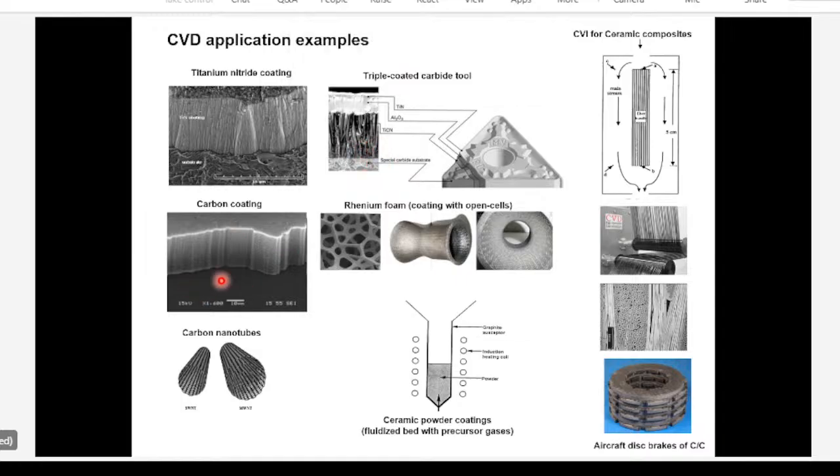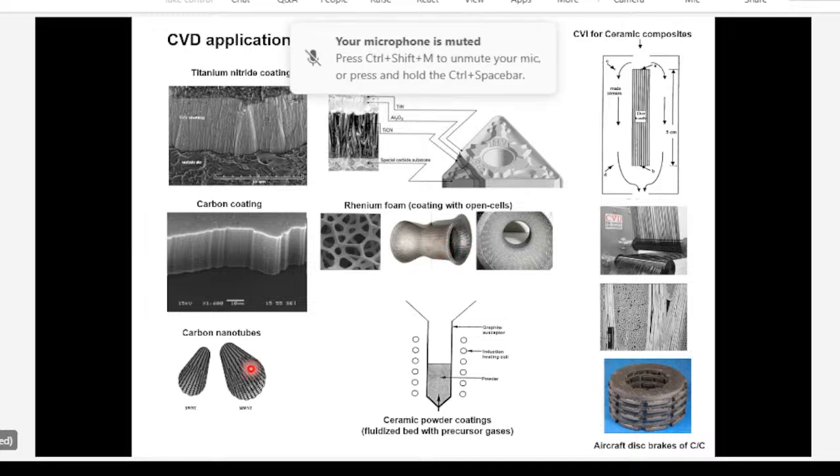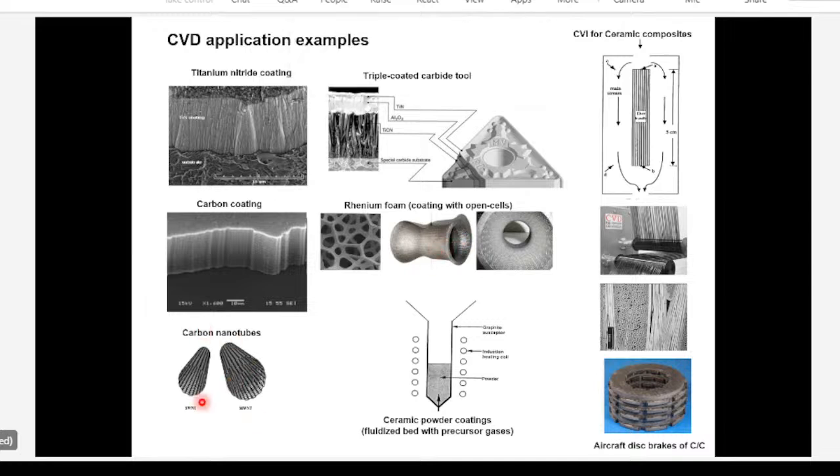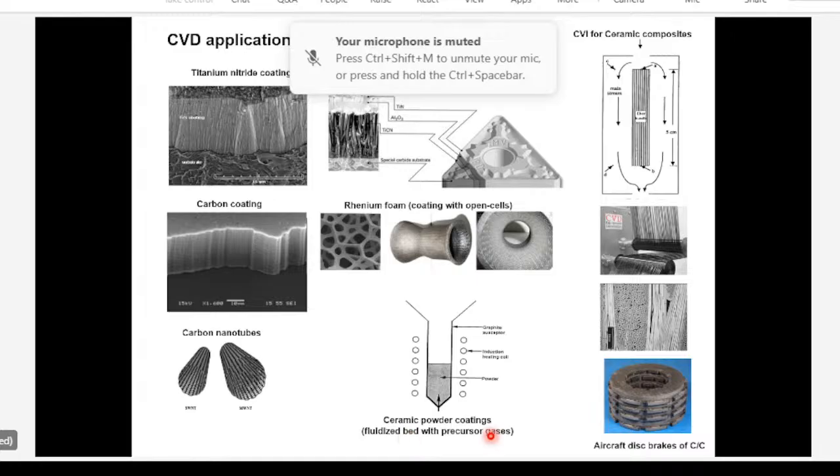Or carbon coatings on a surface, creating rhenium foam. That is done by CVD, as is growing carbon nanotubes, single and multiple wall nanotubes, or ceramic coatings on powders.